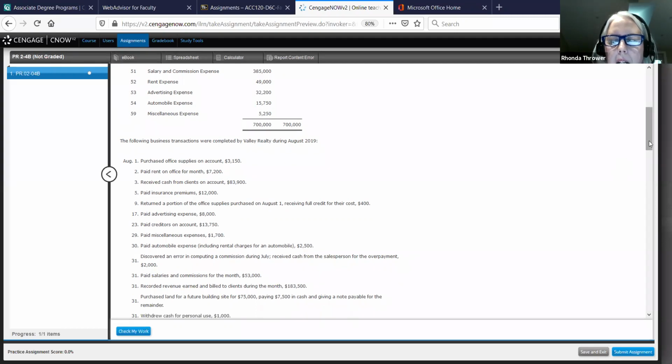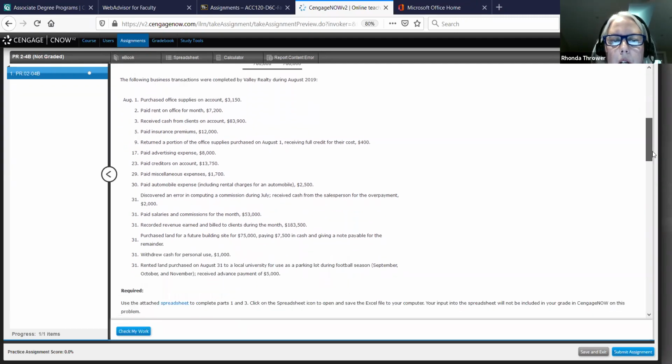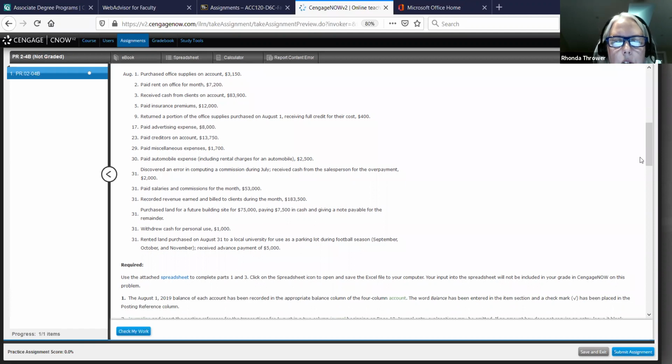So what we need to do is record the transactions for August in the first book of original entry that we call the journal. I'm going to start with my August 1st transaction, and I'm going to record it in the journal first.